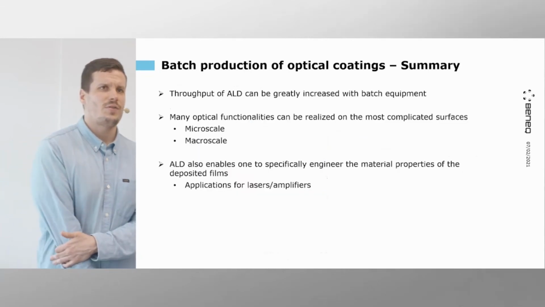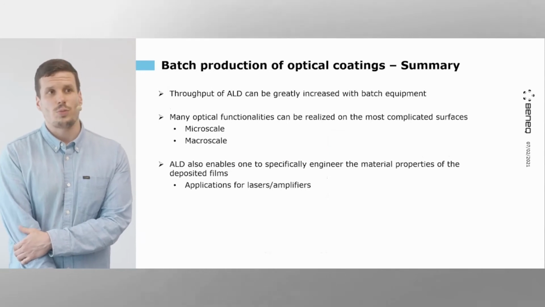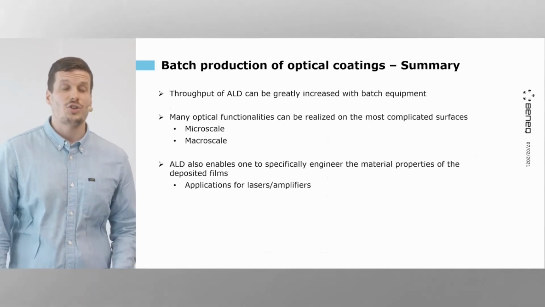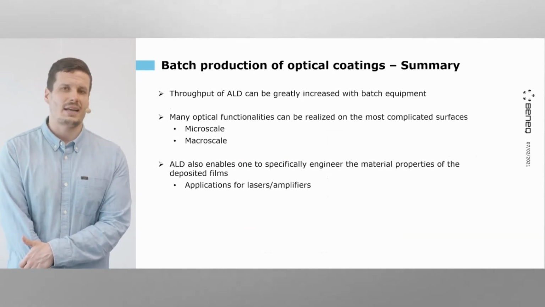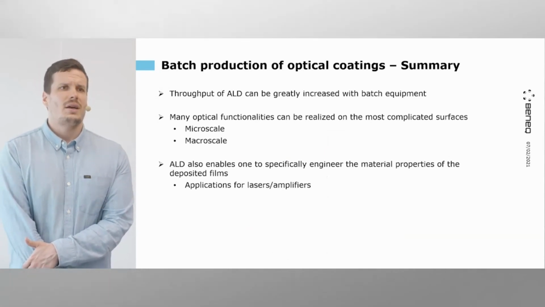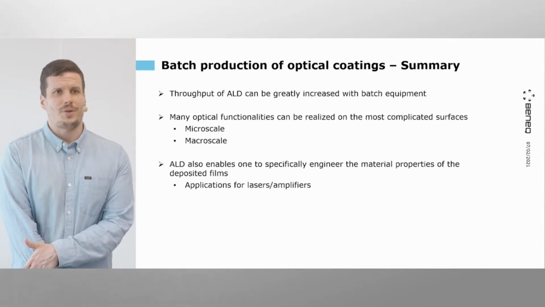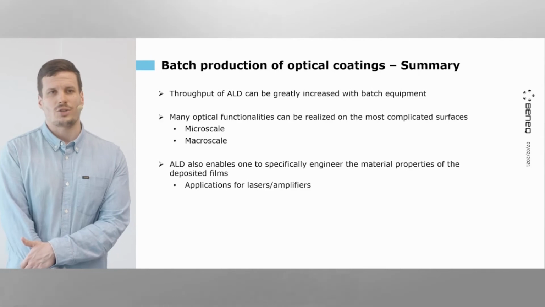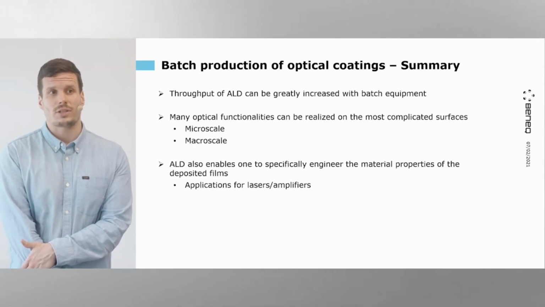So as a summary of my part, I mentioned in the beginning that the throughput of ALD, although in general it is very slow, can be increased greatly with batch ALD equipment. I also mentioned that many optical functionalities can be realized on even the most complicated surfaces found at both microscale and also at macroscale.